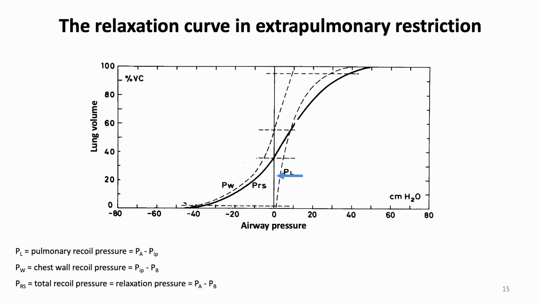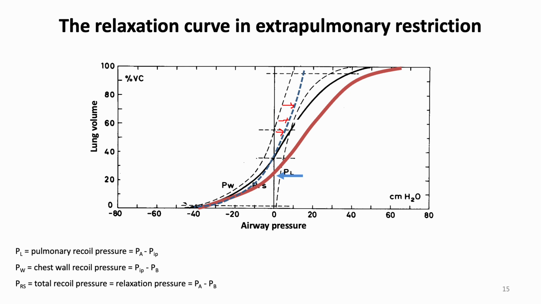So, in extrapulmonary restriction, let's assume that there are no changes in pulmonary compliance per se. What happens to chest wall compliance? Well, the chest wall curve will be shifted to the right, which is what I'm trying to show you. So this dashed line here is the chest wall recoil pressure line.